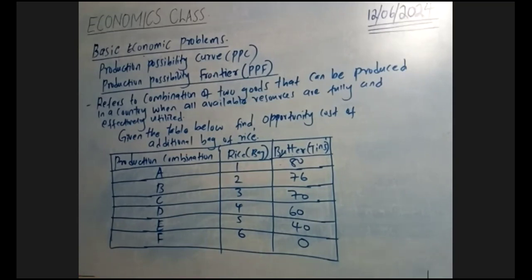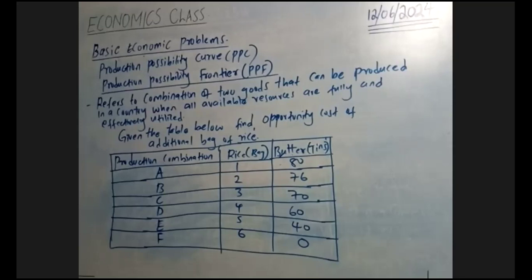Now, even before we continue with the question, I want you to see something. If the country decides to produce 1 bag of rice, they shall produce how many tins of butter? They shall produce 80. Now, if the government decides to produce 2 bags, they might end up giving up a lot of butter.